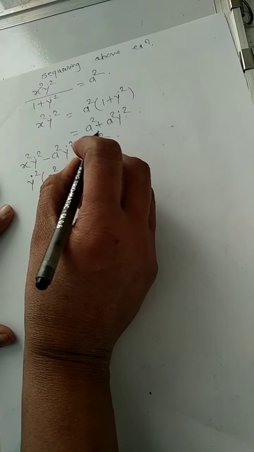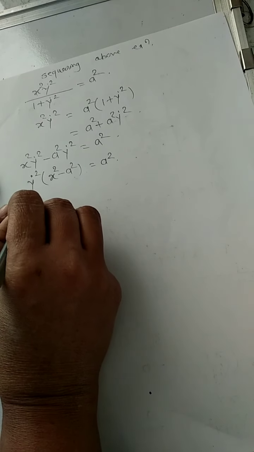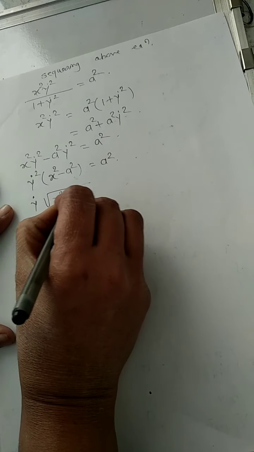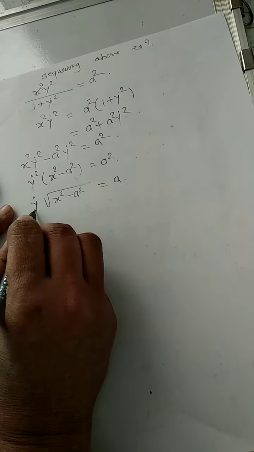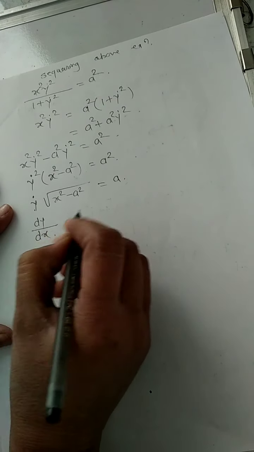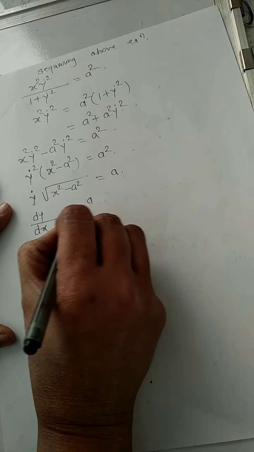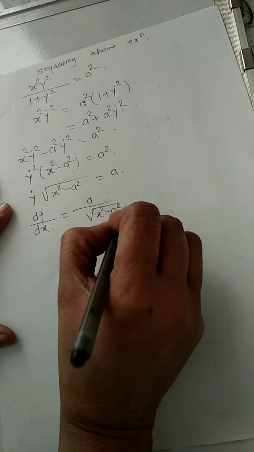Taking the square root, y dot into under root of x square minus a square is equal to a. Then you know y dot is the derivative of y with respect to x, meaning dy by dx is equal to a upon under root of x square minus a square.